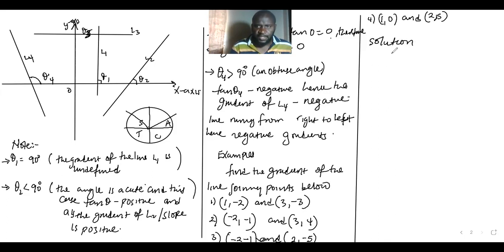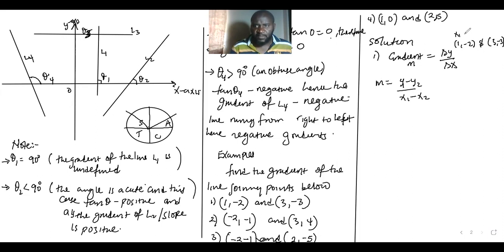So solution 1. We are being asked to find the gradient m, which is change in y over change in x. So m, the change in y, remember, is y1 minus y2 over x1 minus x2. So according to the first numbers, it is 1, -2, and 3, -3.